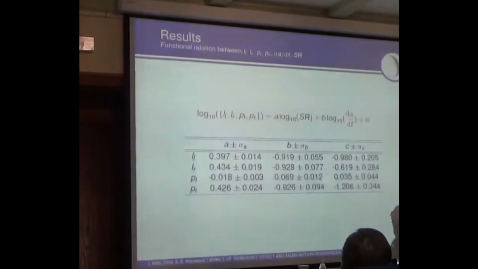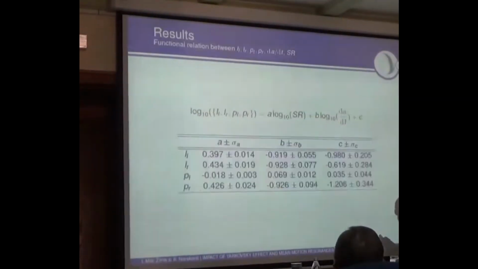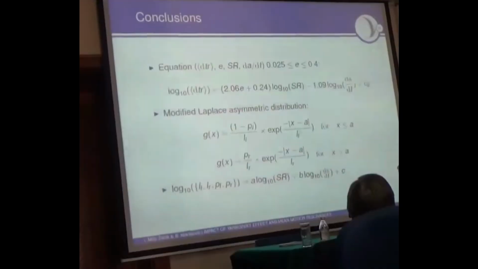After applying again the numerical method of least squares, we got this result for the unknown coefficients A, B, C, and for these 4 parameters of our distribution. When we know these 3 unknown coefficients and the center of resonance and Yarkovsky drift speed, we can very easily calculate these unknown parameters of our distribution.